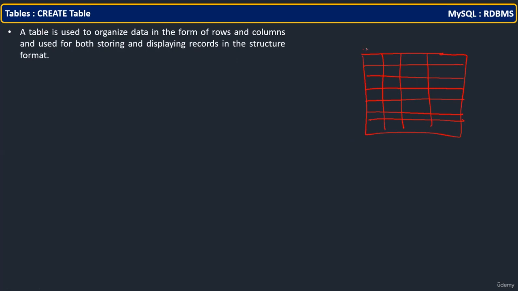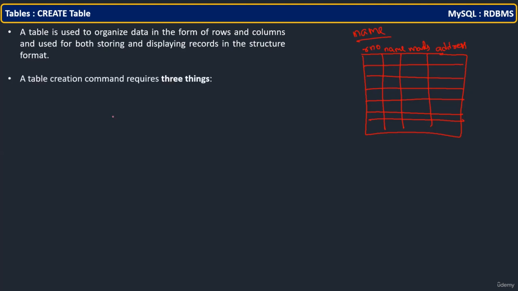For example, this is a roll number, this is a name, this is marks, and this is an address. So like this we are going to have columns and rows, and this table must have some name. That's it. So this is a table we are going to create in the database.